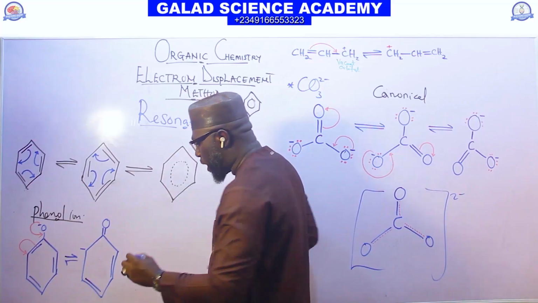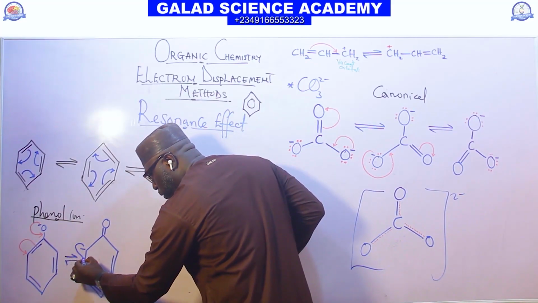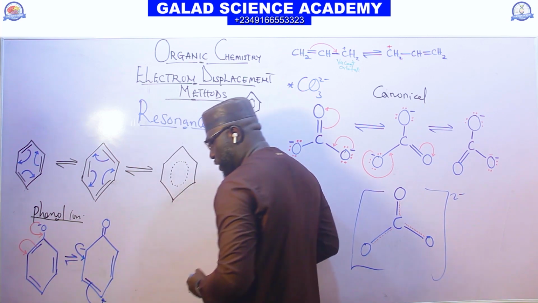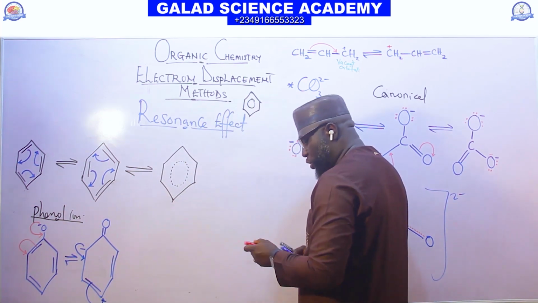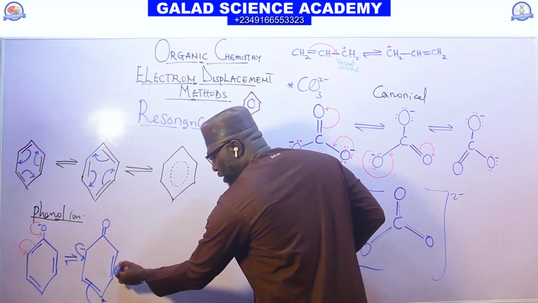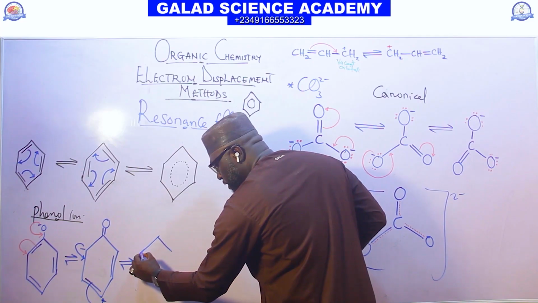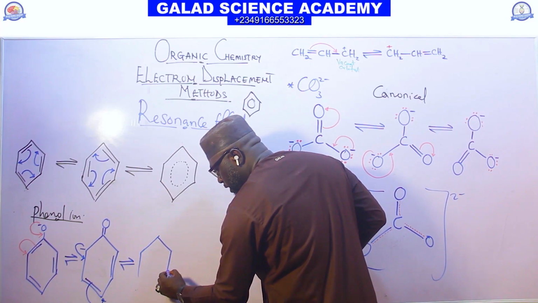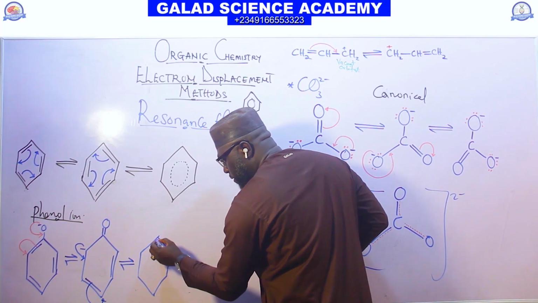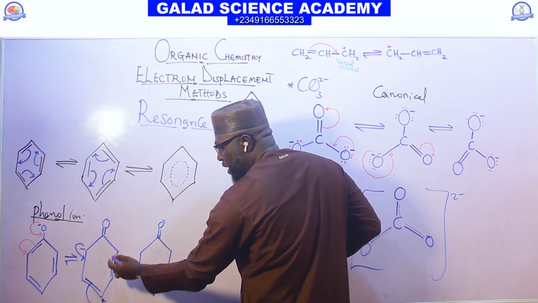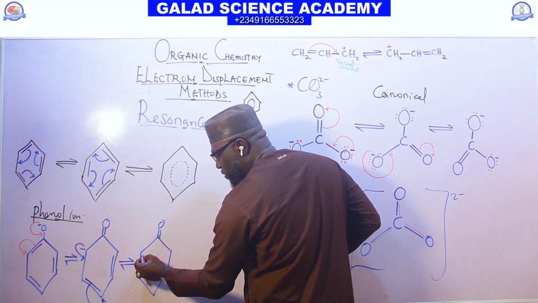The next thing that will happen is this negative sign will come to this side, and this pi bond will come out and move to this side. So if it continues like that, what are we going to have? We have a double bond here.